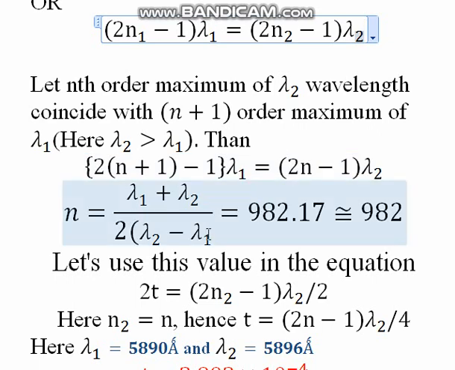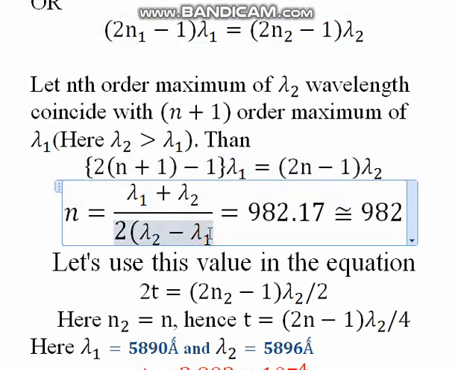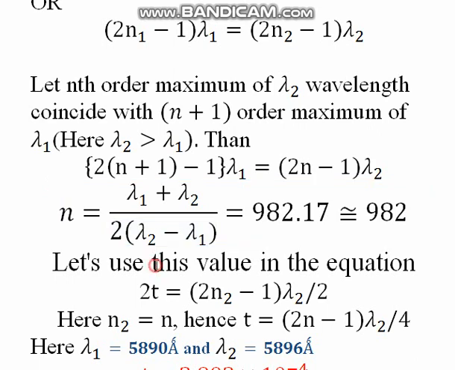So n is lambda 1 plus lambda 2 divided by 2 times lambda 2 minus lambda 1. It is 982.17, but n is a whole number, the number of orders 1, 2, 3, so it is 982 only. Let's use this value in the above equations.